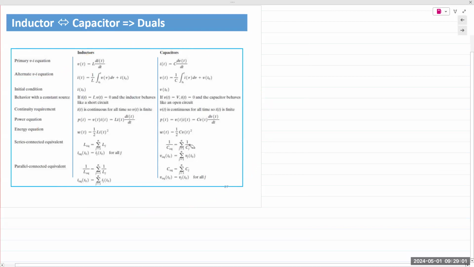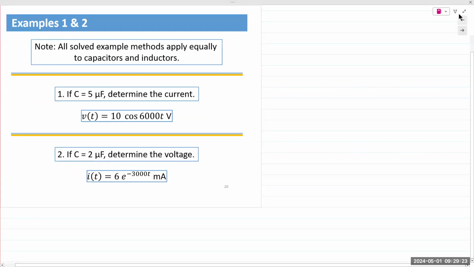You can see they have a very similar structure. Voltage for the inductor is L di over dt. Current for the capacitor is C dV over dt. For the inductor voltage and capacitor current, you simply integrate. So all the examples you see here apply equally to capacitors and inductors.